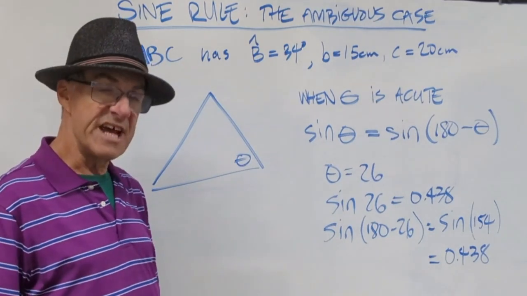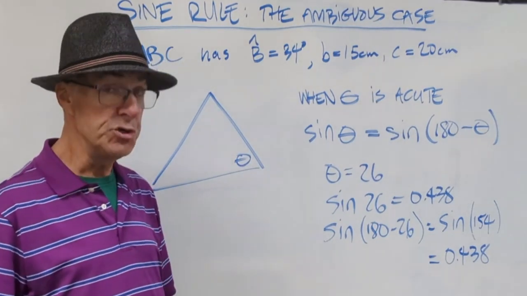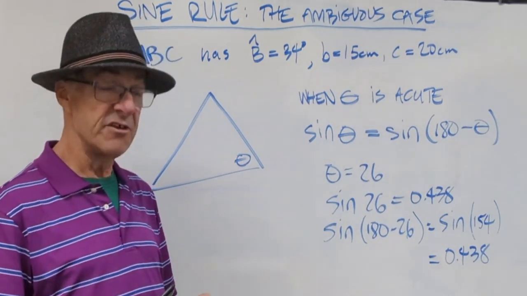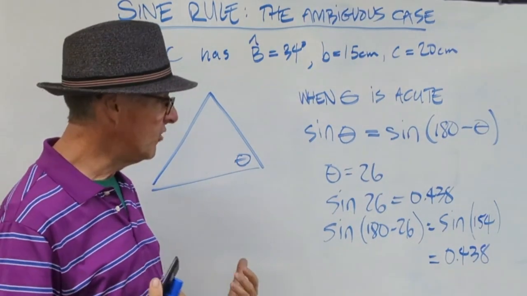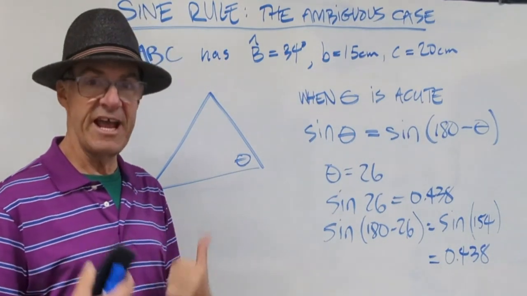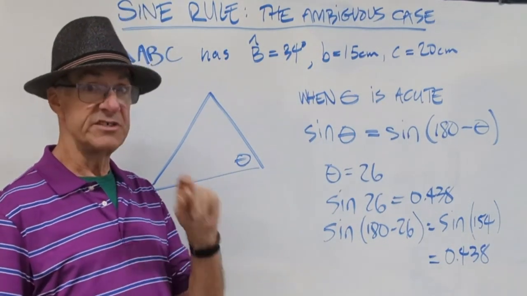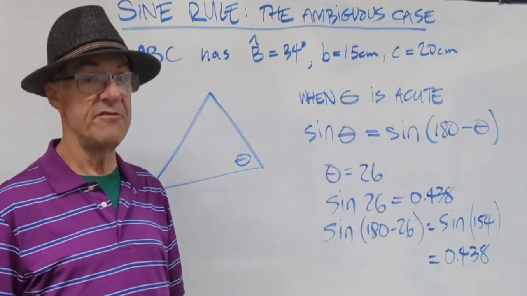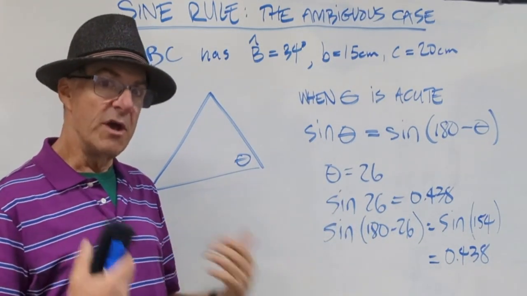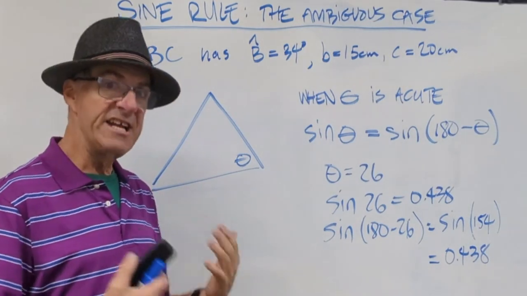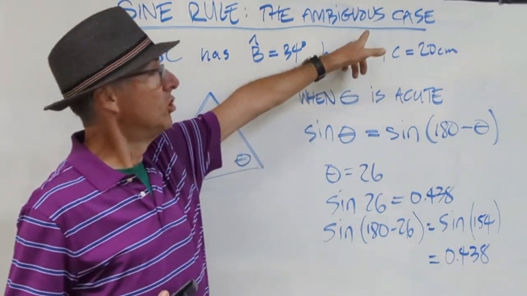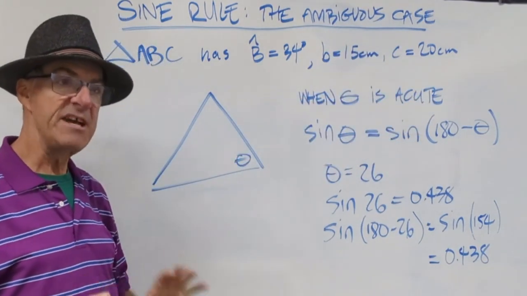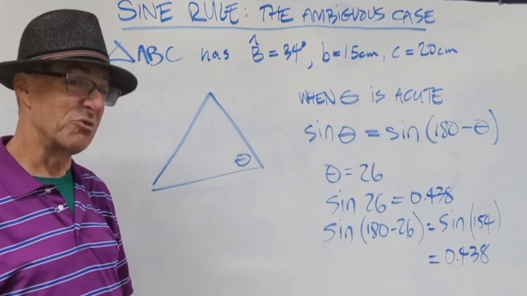So one way to tell what's going on, if you have an obtuse angle on your diagram, if that angle is obviously greater than 90 degrees, you solve for it and you get an acute answer, then you know you need to subtract that answer from 180 to get the true measure of that angle. So what you need to look out for is when you're finding angles with a sine function, look for the ambiguous case. Do that critical thinking set. Make sure that your answer is right.